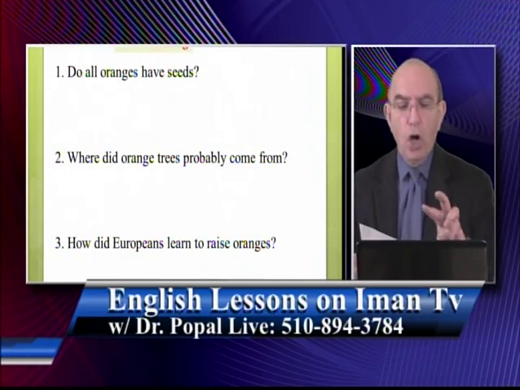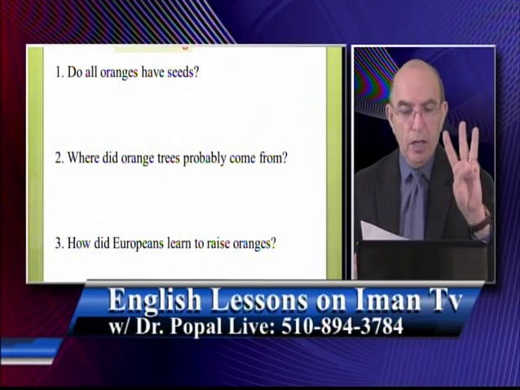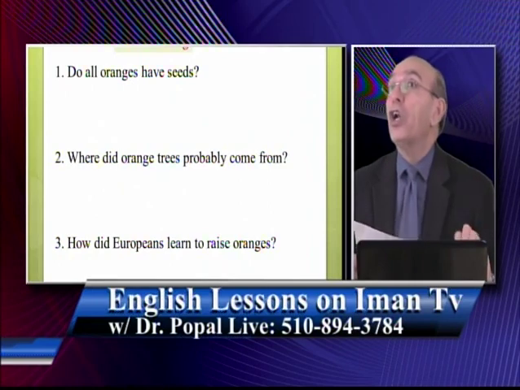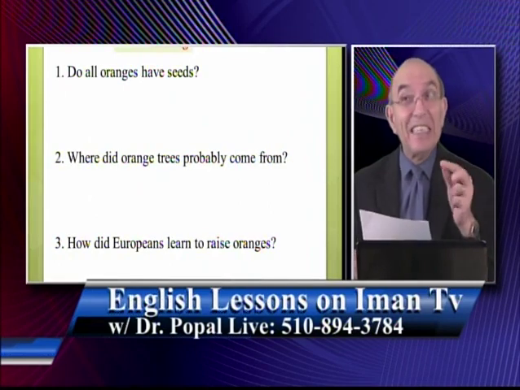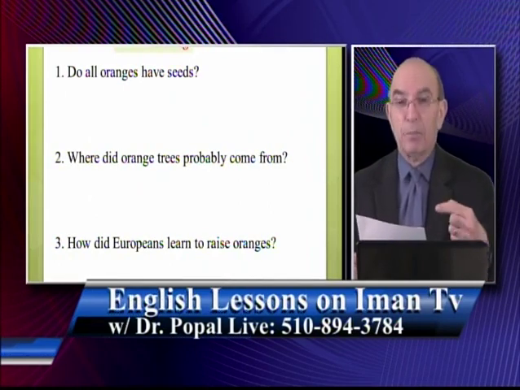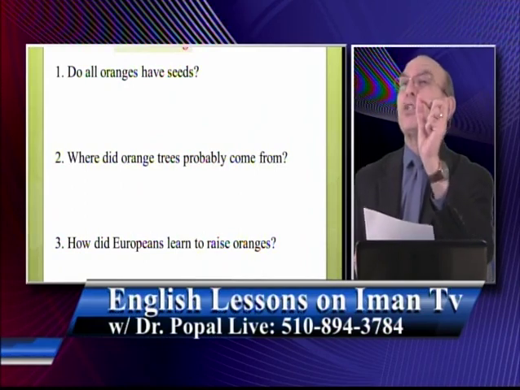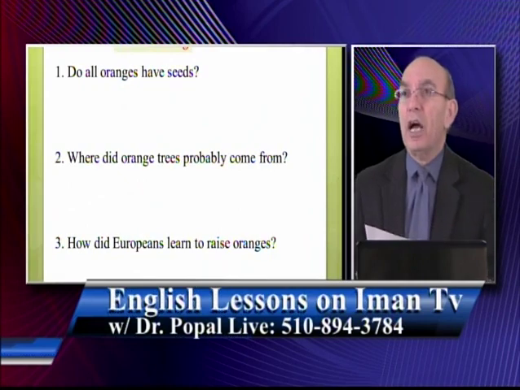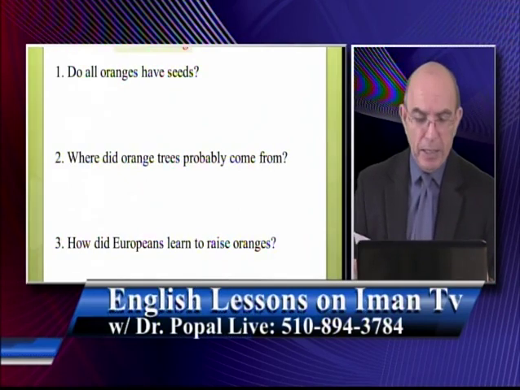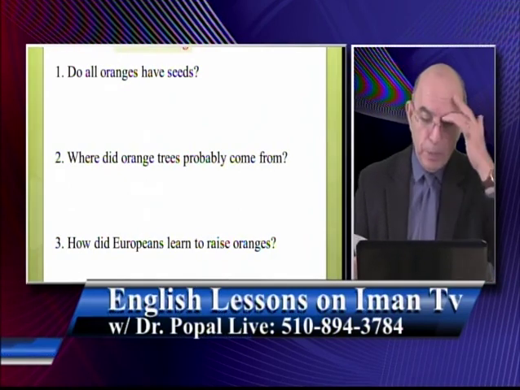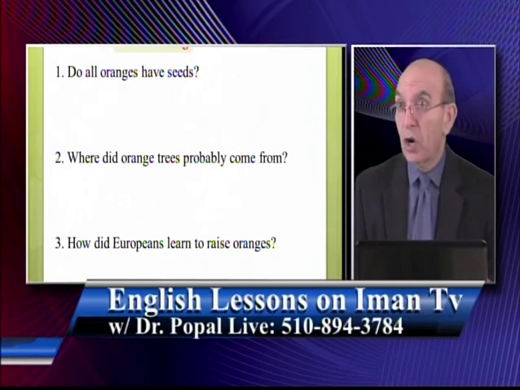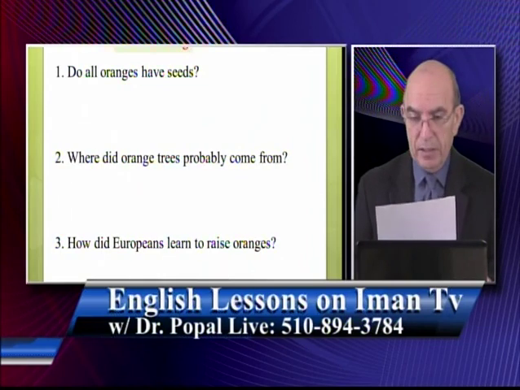Just concentrate on these 3 things. Do all oranges have seeds? Now you know what seeds means. It's the nut inside the fruit. Where did oranges probably come from? Where is the first place where they found oranges? I want you to listen to the story and tell me that. And how did Europeans learn to raise oranges? Please listen.